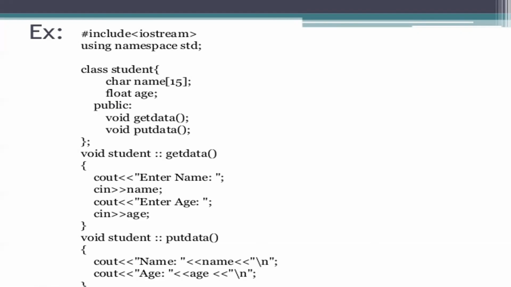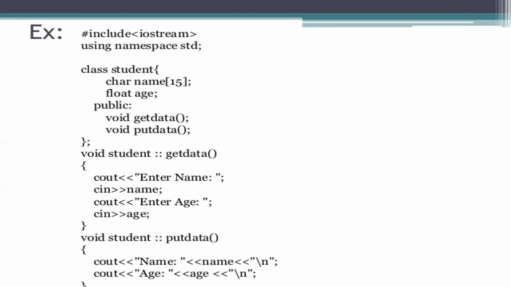I gave you an example that if you are roaming outside your classroom, you will be asked which class you are from. Similarly here, we say void, first the name of the class that you belong to. This is the belonging symbol, which is called the scope resolution operator. Then the name of the function. So my functions are enter name, enter age.